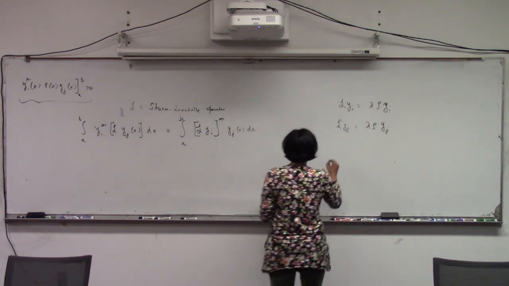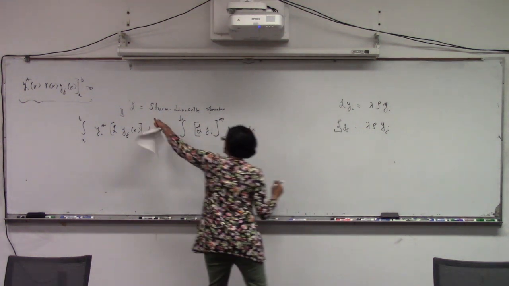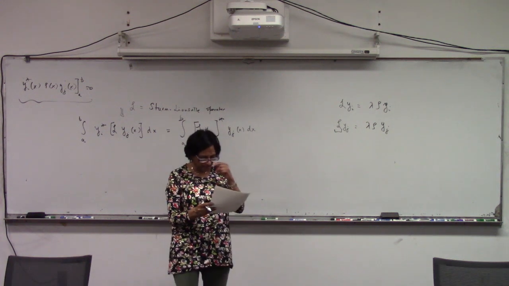Where L is what? I'm saying it is a Sturm-Liouville operator. So how should I write it?